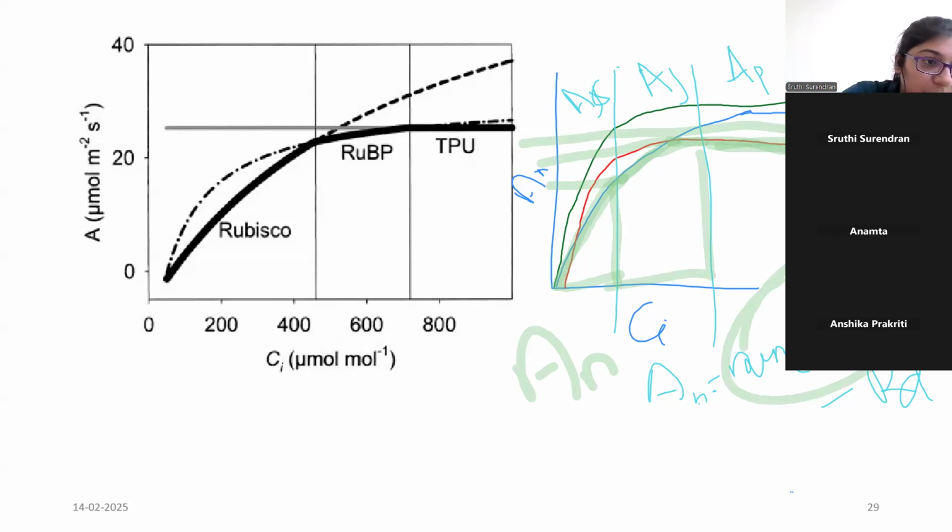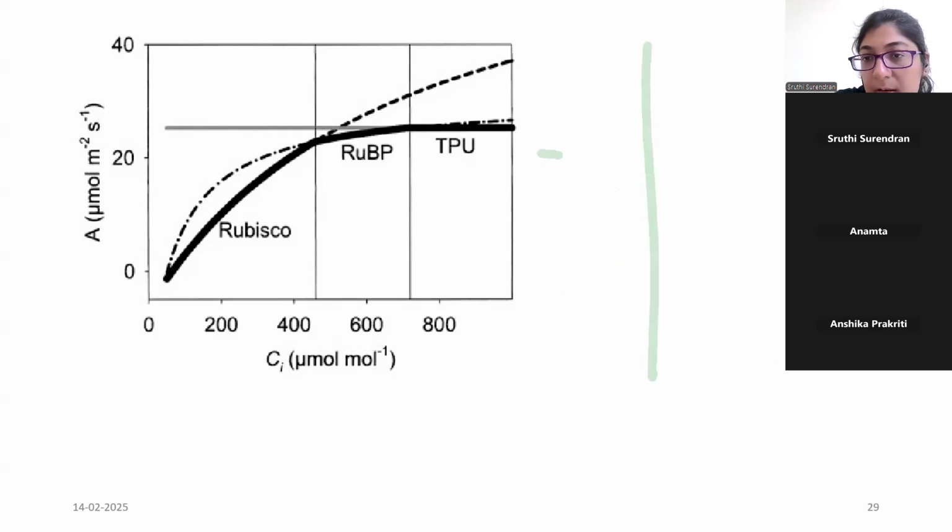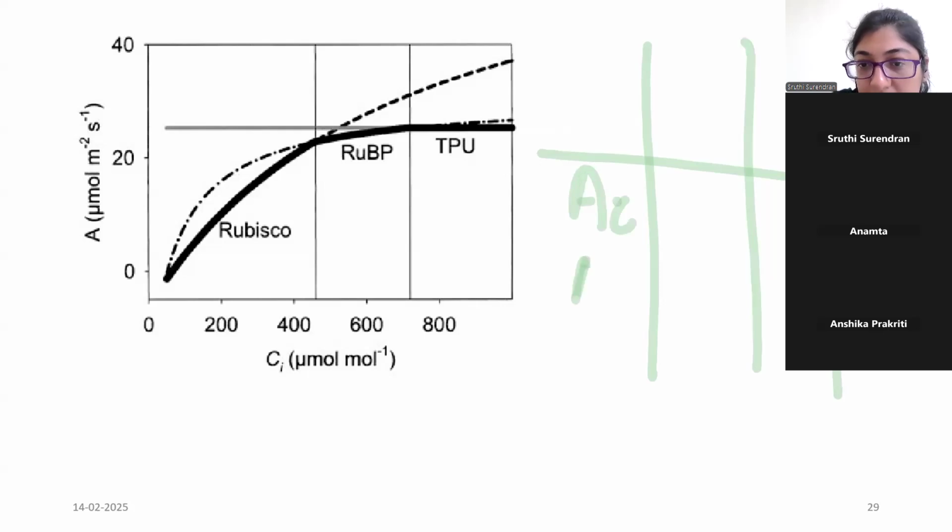Say suppose we are doing that in terms of numbers. We have one column here: AC, AJ and AP, for the first plant.